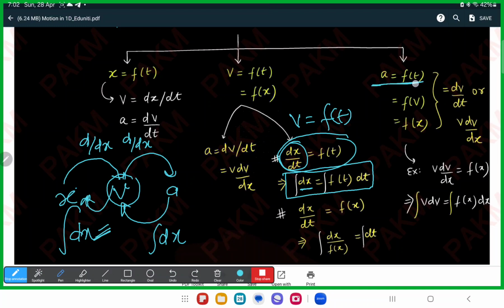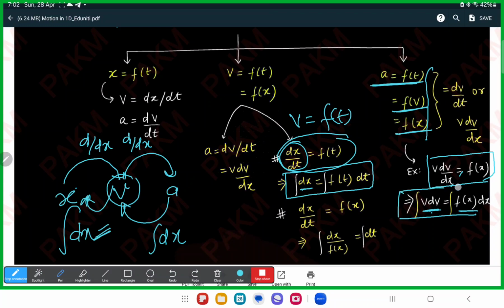Now next important, a as a function of t is given. So basically a as a function of t, a as a function of v, a as a function of x, these three cases are possible. Usually in examinations, if you see x, we will apply this formula, v dv over dx is equal to a, because no t is involved. And once you separate the variables, we can say v dv equals a dx.